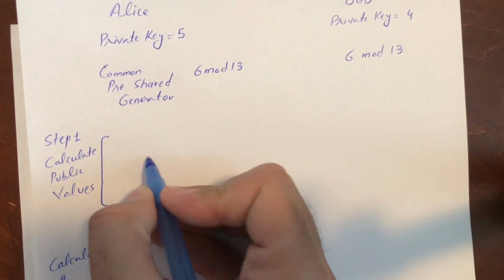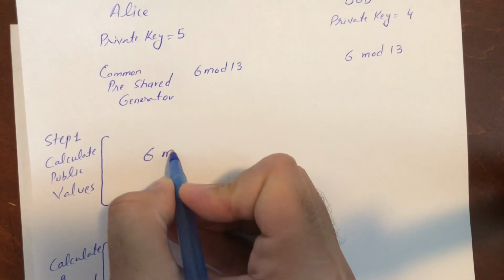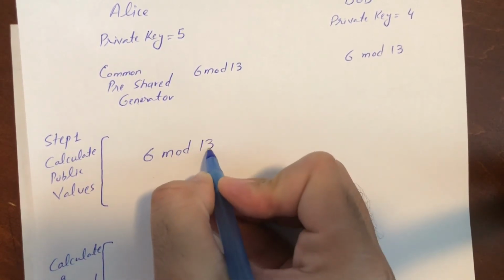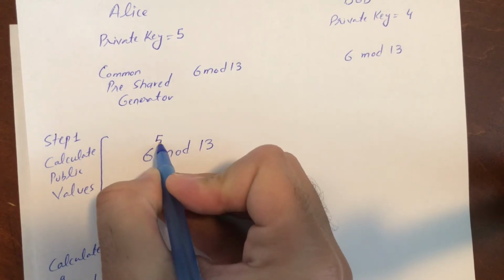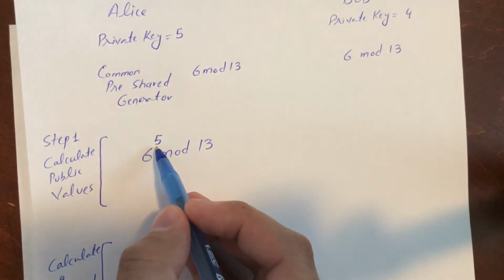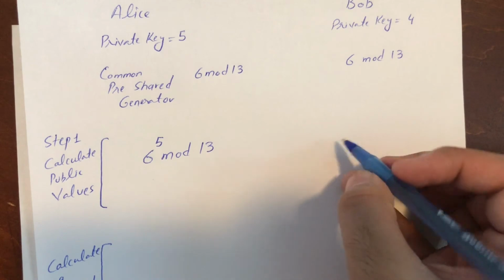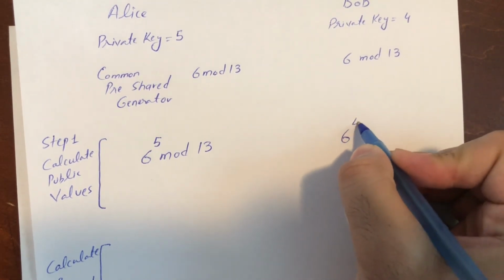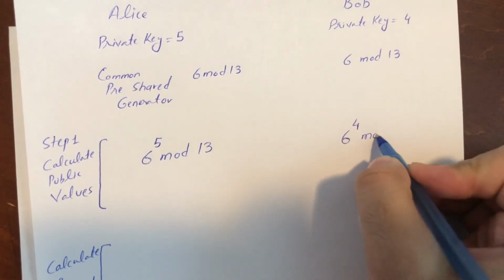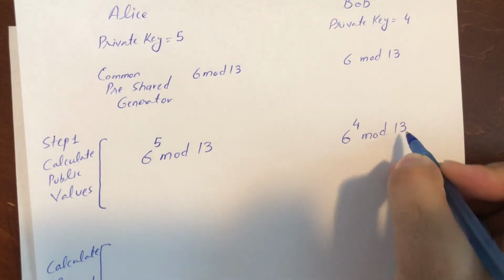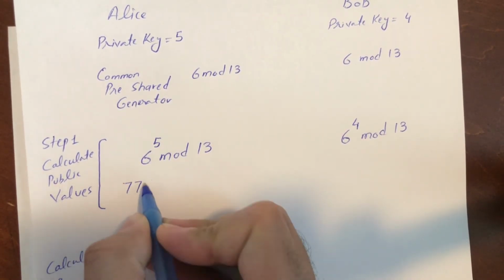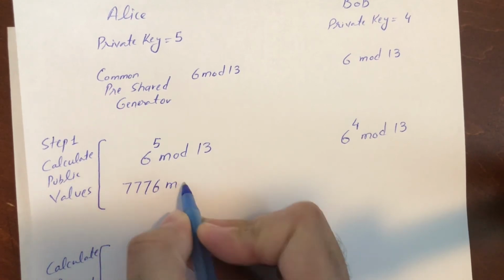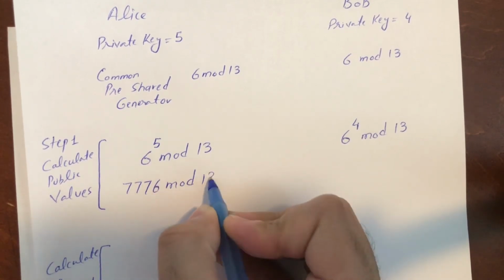The relationship is, they will use the common 6 mod 13, with 6 raised to the power of Alice's private secret, which is 5. Bob will do the same thing, 6 raised to the power of his private key, mod 13. Now if you calculate 6 to the power 5, it comes to 7776, mod 13.